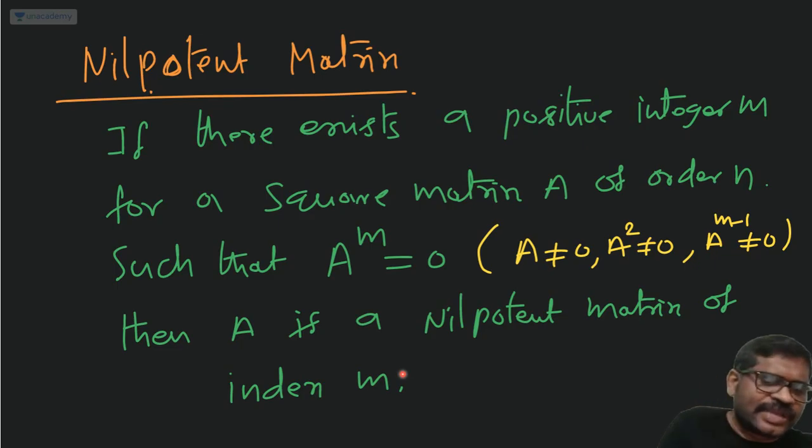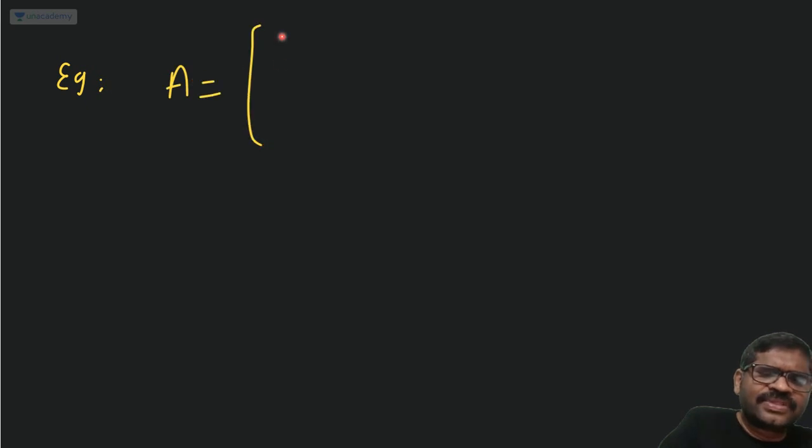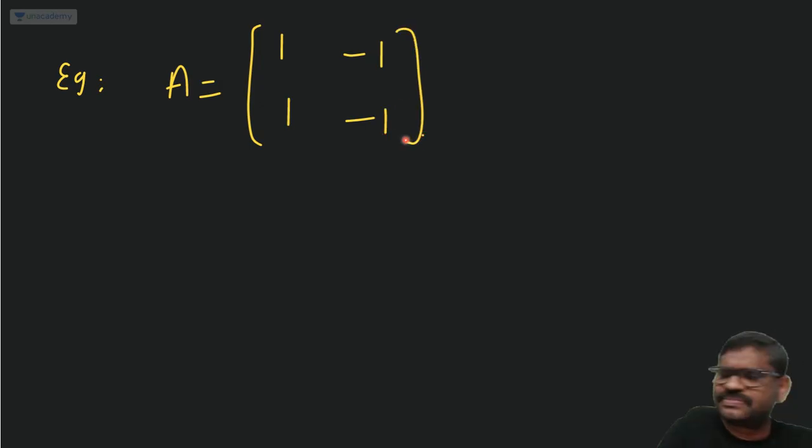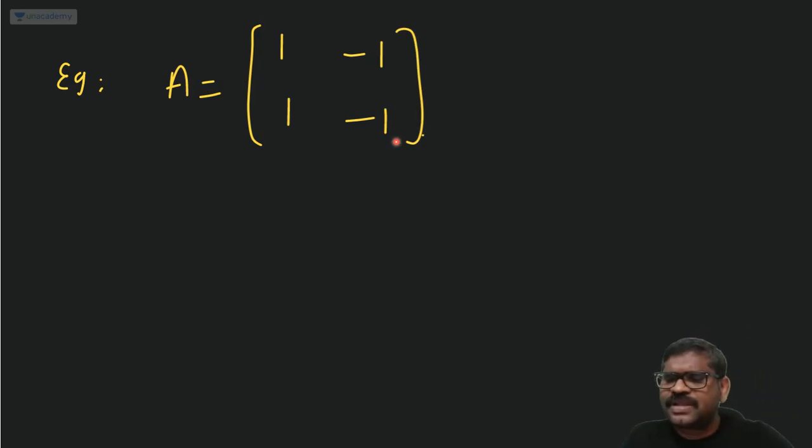For example, matrix A is 1 minus 1, 1 minus 1. Tell me what is index? You will get it after completion of the example. Concentrate. A is 2 cross 2 matrix. Is A null matrix? Is A not null?